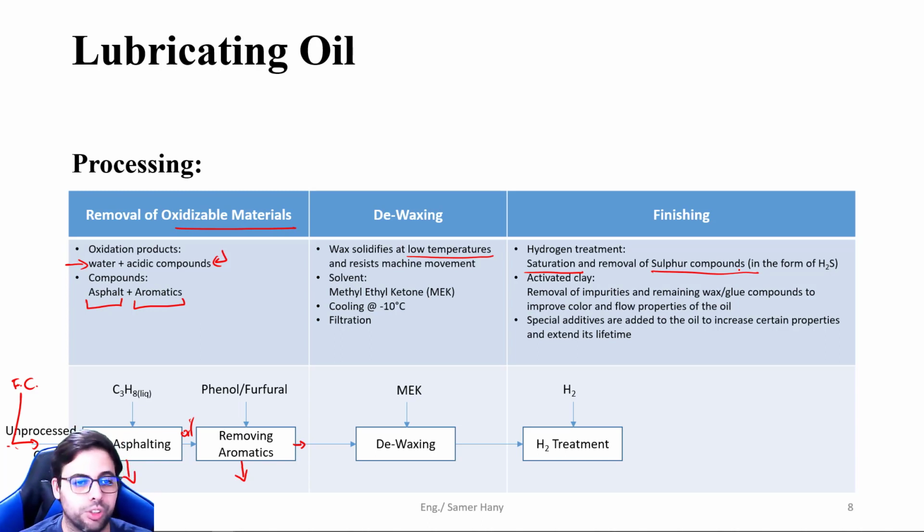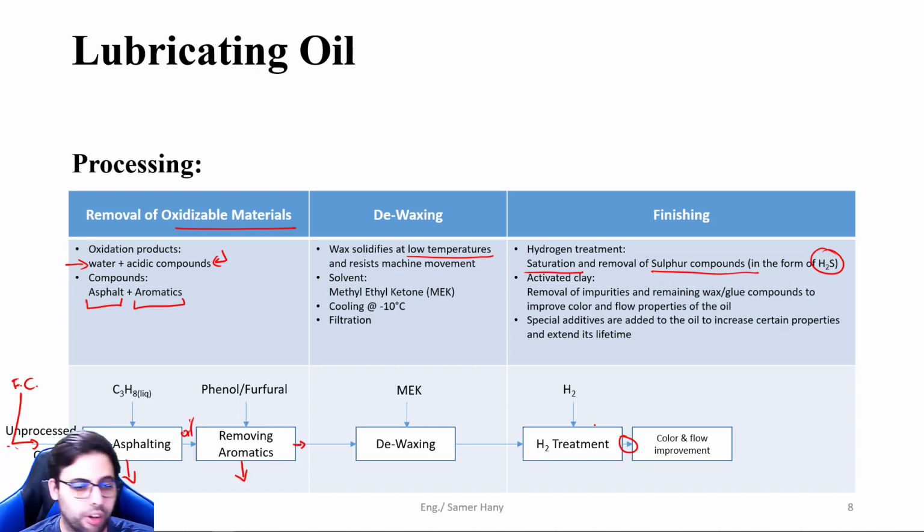These acidic compounds will start reacting with the solid surfaces and eating away at them, causing some corrosion to happen. All right. So that's the first unit. This hydrogen treatment unit has 2 roles. First, to saturate the unsaturated bonds, and then to remove the sulfur compounds in the form of H2S, or hydrogen sulfide. Then the treated oil goes on to the next unit, which is the color and flow improvement.